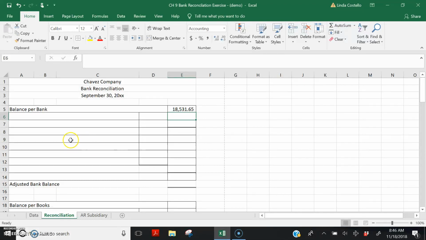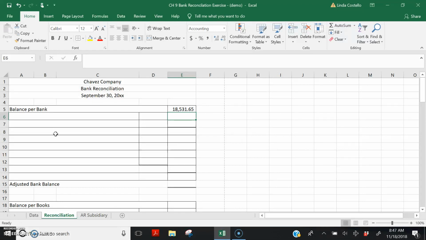Remember that we need to adjust the bank balance by any timing differences for items properly recorded on our books but not yet posted on the bank. Deposits in transit will increase the balance per bank, and outstanding checks will decrease the balance per bank.